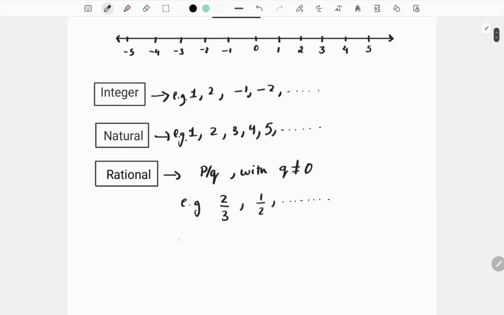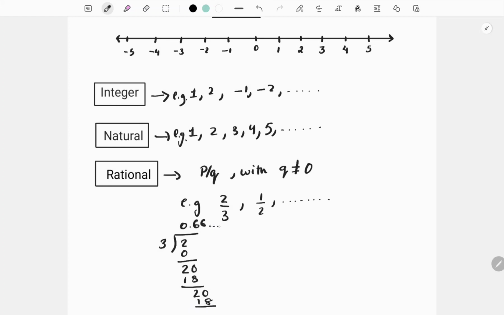So here 2 by 3. If we divide 2 by 3, then 3 into 0 will get 0. Then here we'll carry 2, we'll put a point, then 0. 3 into 6 is 18, then again we'll get 2, we'll put 0. 3 into 6 is 18.